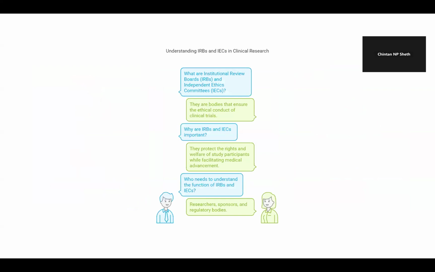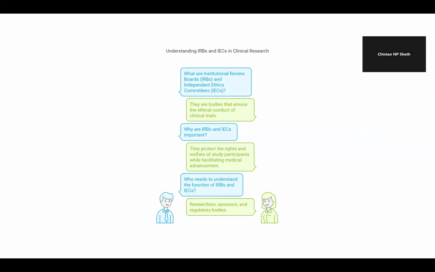In a nutshell, if someone asks you the difference between IRB or IEC or how they are important, they are the bodies that ensure the ethical conduct of clinical trials. Why are they important? They are most important to ensure the rights and welfare of the study participants while facilitating medical advancement through clinical research.